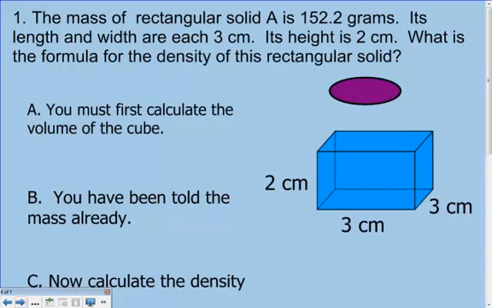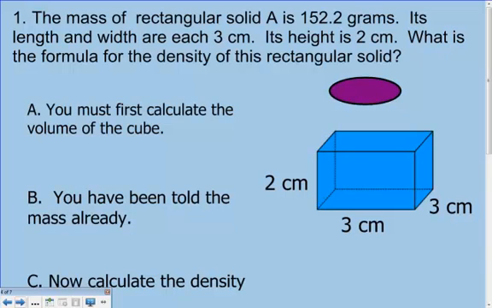Here's a practice problem for you. If the mass of a rectangular solid is 152 grams, its length and width are each 3 centimeters. Its height is 2 centimeters. What is the formula for density of this rectangular solid? So write down the formula. First, you have to calculate the volume of the cube. This is a regularly shaped object.